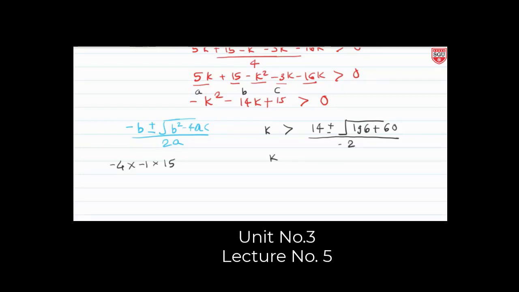So K should be greater than this value. So what will be this value? After making the calculations, let me do it. You can also do the calculations. So it is coming 14 plus minus 16, I think, divided by minus 2. If we consider 14 plus 16 divided by minus 2, then it is coming minus 15.